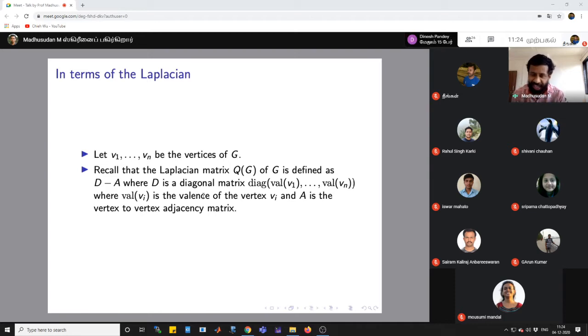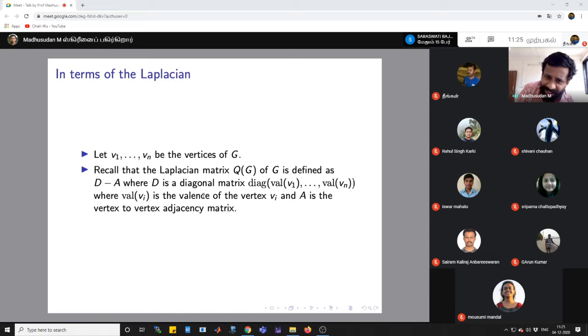And what is this D? D is a diagonal matrix associated to the vector of valencies of the vertices. You consider a vector val of V1 to val of Vn, and the associated diagonal matrix, where val of Vi is the valence of the vertex Vi.